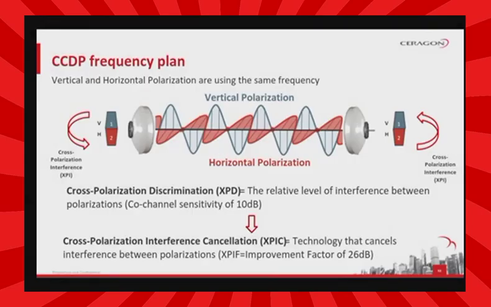For the co-channel dual polarization spectrum utilization, the level of interference between two transceivers utilizing the same frequency on the two polarizations is referred to as cross-polarization discrimination, or XPD. The cross-polarization interference cancellation algorithm enables detection of both streams transmitted on the same channel with alternating polarizations even under the worst levels of XPD such as 10 decibels.